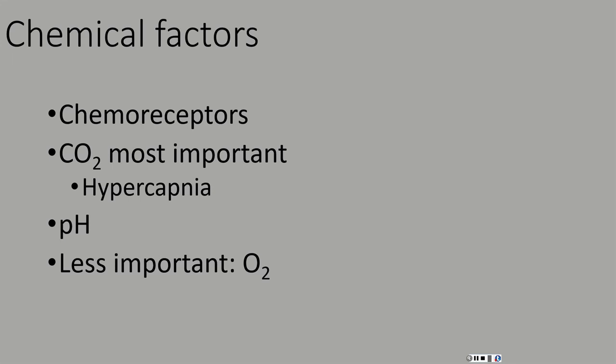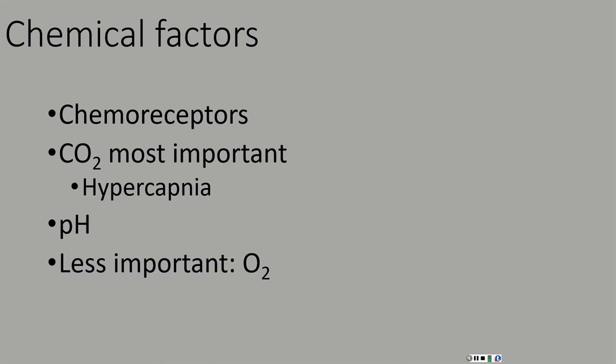Next, pH. pH is also another very, very important factor that influences our breathing depth and rate. As a matter of fact, some textbooks put pH above CO2. Really, CO2 is more important, but as we've already seen, when we adjust CO2, that adjusts pH. So they kind of go hand in hand.